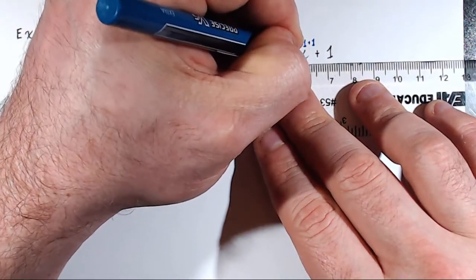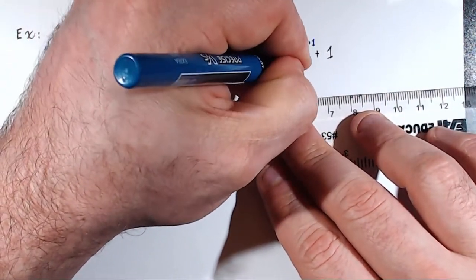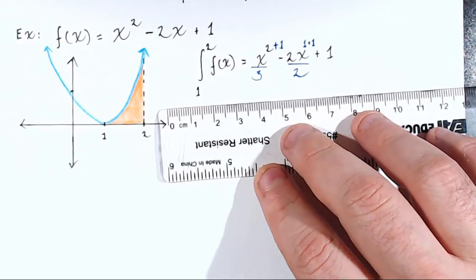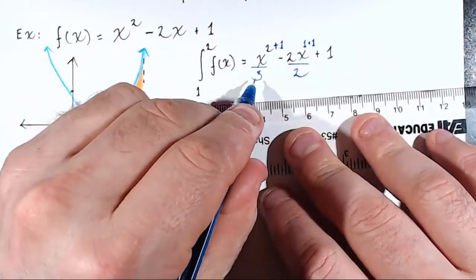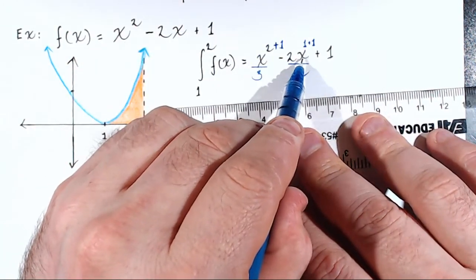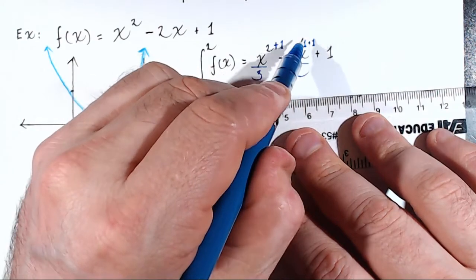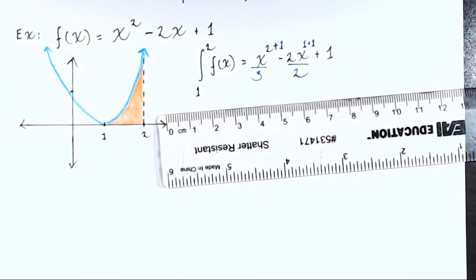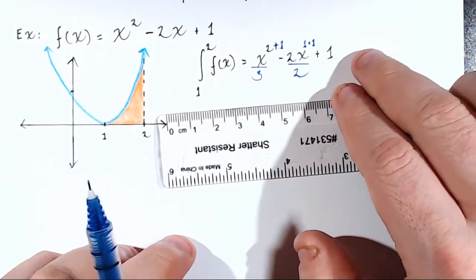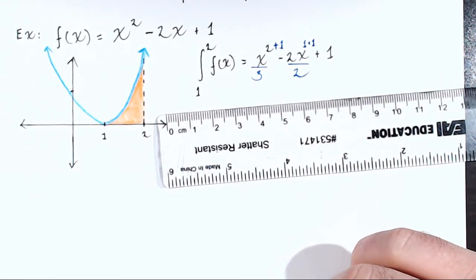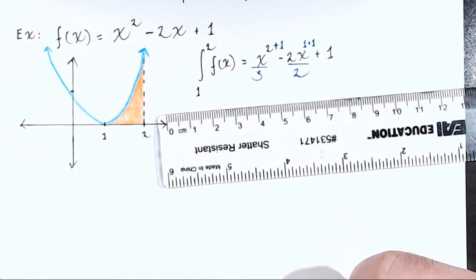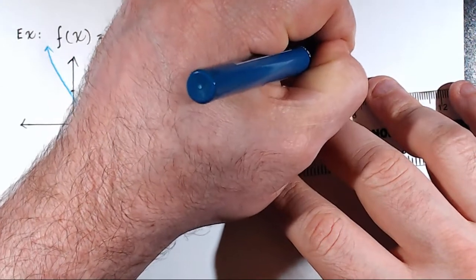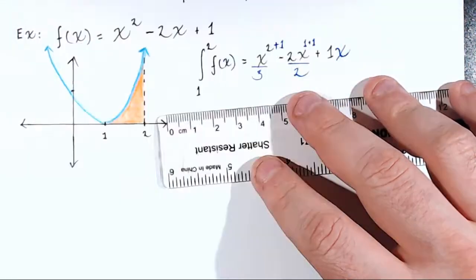So divide by 1 plus 1, which is 2. Okay, so this one is x cubed divided by 3, and this is minus 2x squared divided by 2. Now what goes on over here? Here, this is a little bit of a new piece. Here, we're actually going to gain an x. So we're going to gain an x value.